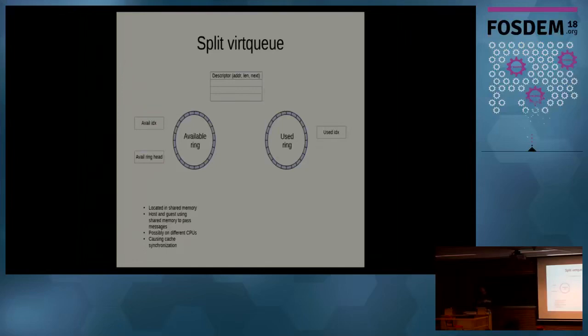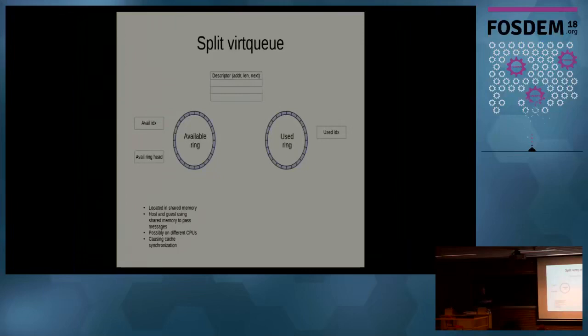If the buffer is not contiguous, then multiple descriptors can be chained together by setting a next field in the descriptor. Where in the table to put each descriptor is up to the driver. A request is identified by a head index, which is a 16-bit offset of the first descriptor in the table.